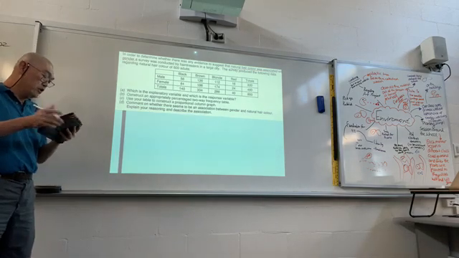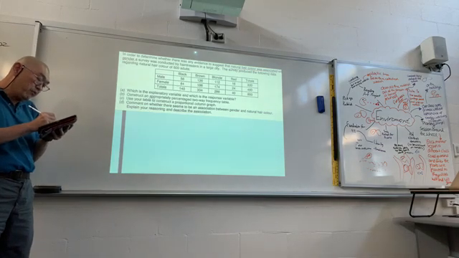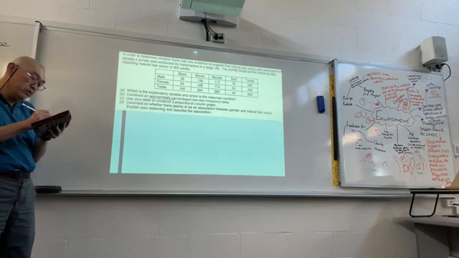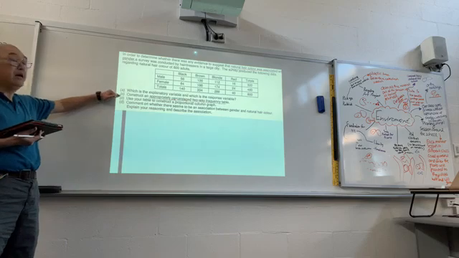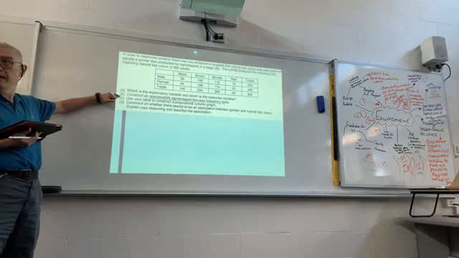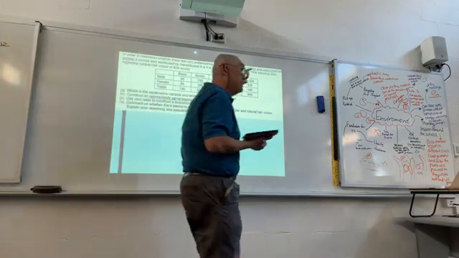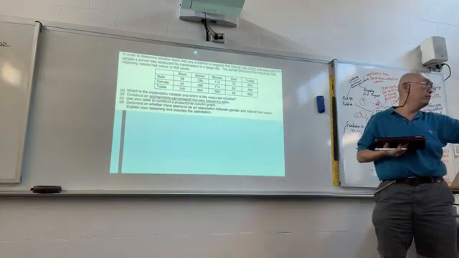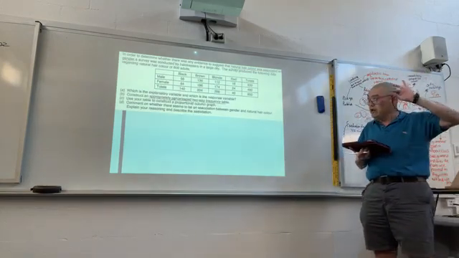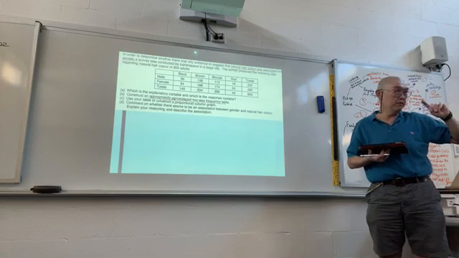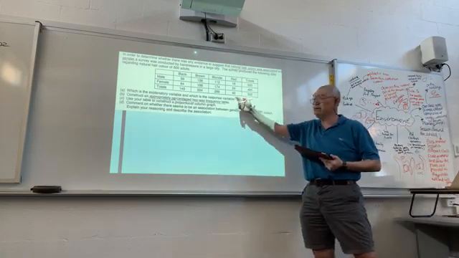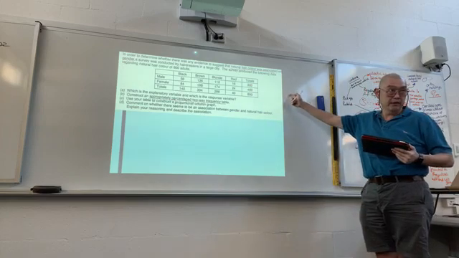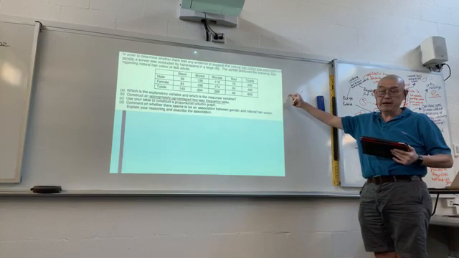Now, the second question: construct an appropriate percentage two-way frequency table. In the exam, it will never tell you whether it's row or column. It will ask you to construct an appropriate table, so you have to think about whether you're constructing row or column.